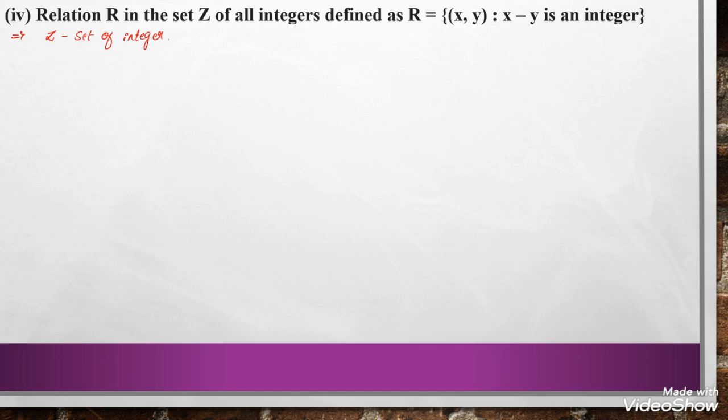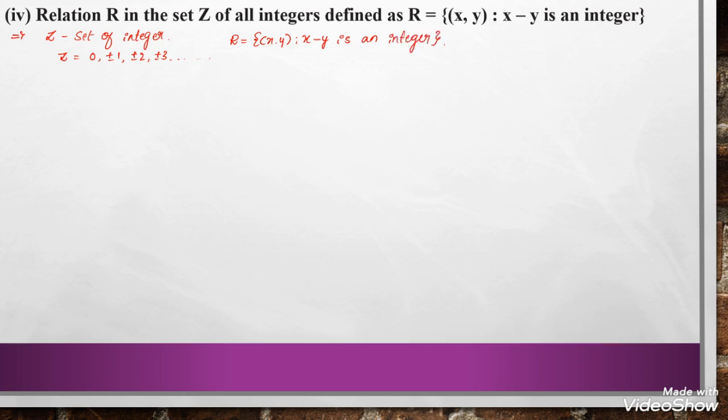As we know, integers contain all the elements, that is plus or minus 1 including 0, plus or minus 2, plus or minus 3, and so on. Now we will define the relation R equals x comma y such that x minus y is an integer.